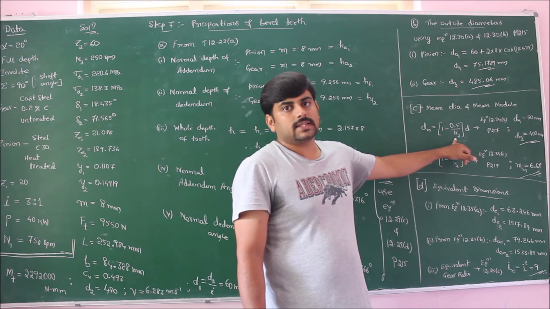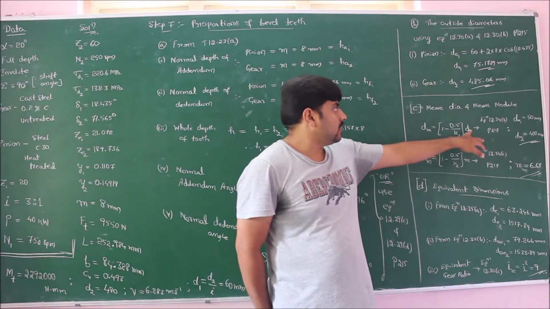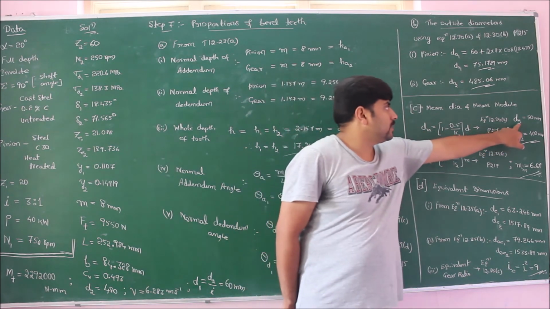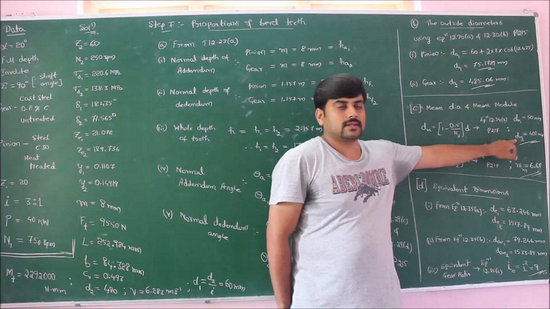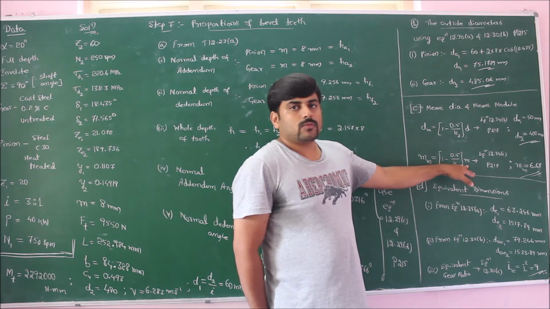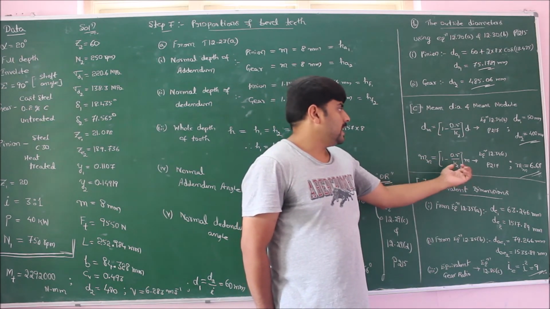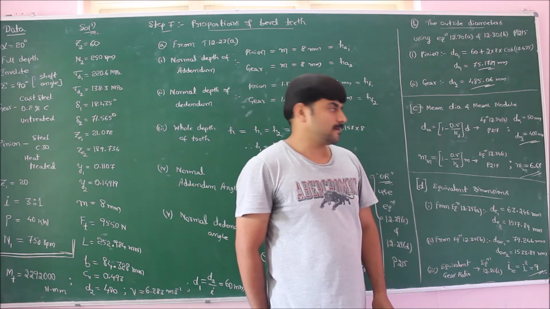So cancelling off the length, I will get K2 as 3. For mean diameter, substituting the value of D1, I will get the mean diameter of pinion. Substituting the value of D2, I will get the mean diameter of gear. Similarly, the module is the same for both gear and pinion. So multiplying 8 by this term, I will get the mean module as 6.67 millimeters.